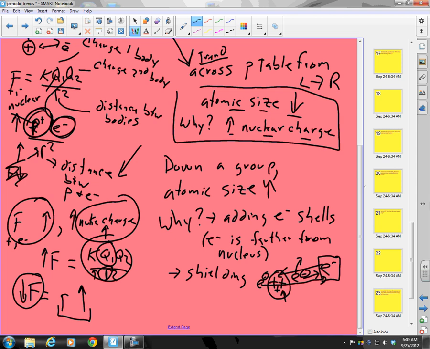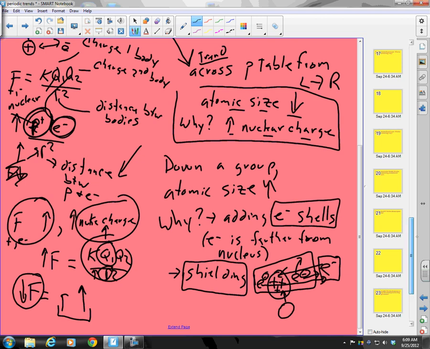So the effective nuclear charge here is less. We call that effective nuclear charge decreased because of shielding. So part of the reason the size is bigger as we go down is shielding, okay? I think the main reason is we're adding shells. Got it? Okay, good.